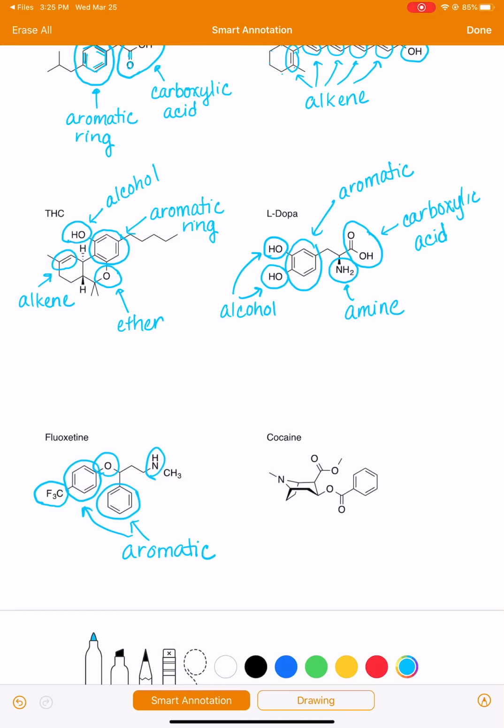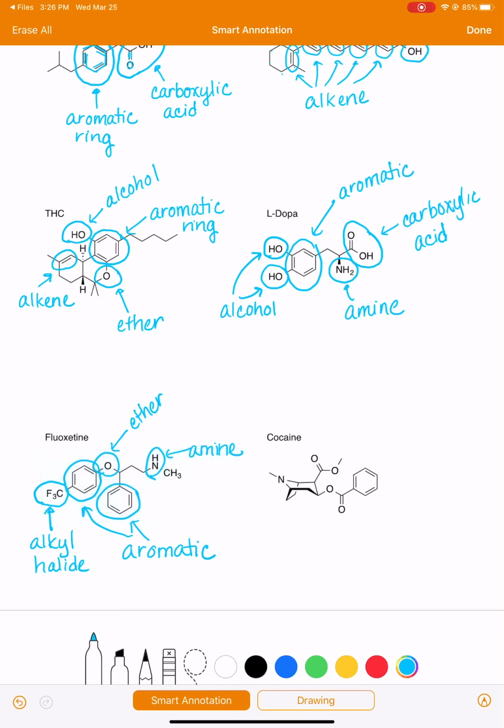We have another oxygen, not an OH, not part of a double bond, so that's an ether. We saw that one already in THC. Here's a nitrogen, that's an amine. This one only has 1 hydrogen on it. And then over here we have a halogen, fluorine. We call that the alkyl halide.